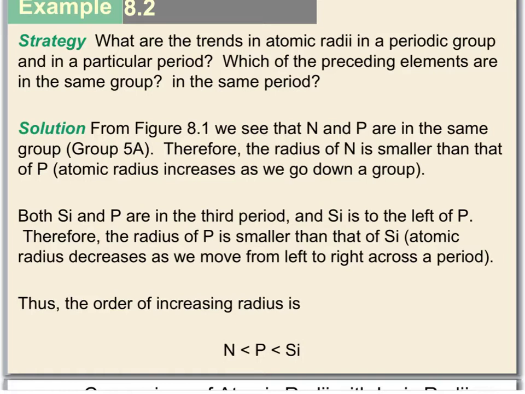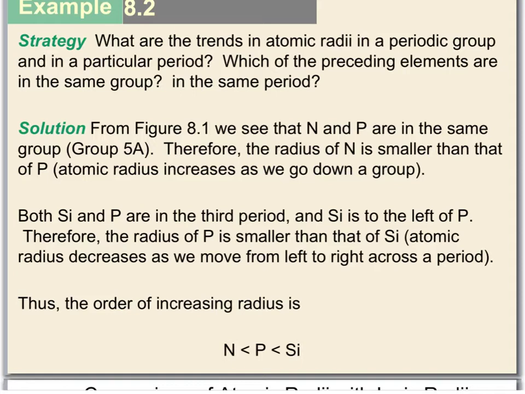Now, silicon and phosphorus are members of period 3, and we know that as we go across from left to right, the atomic radius decreases. And since phosphorus is to the right of silicon, it must be smaller than silicon. Therefore, in order of increasing atomic radius, nitrogen is smaller than phosphorus, which is smaller than silicon.